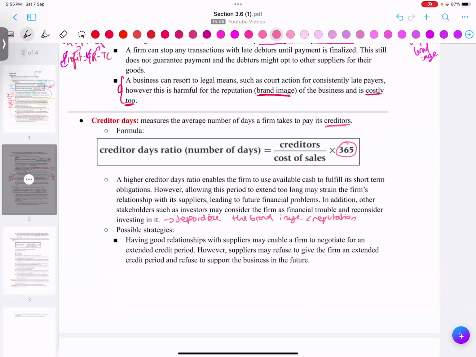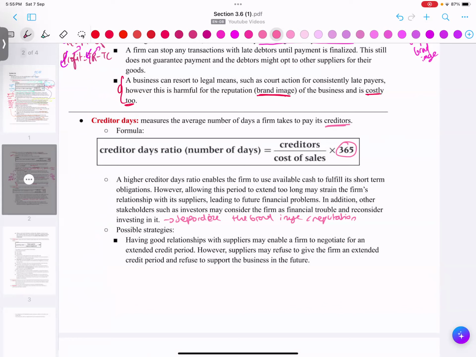Future possible investors will think, I'm not going to invest in this because I don't think I'm going to get my return back. It's just going to make the firm look like they're having financial problems. Having a high creditor days ratio will help the firm, because they're going to be able to pay for day-to-day expenses, but at the same time, it's going to cause some other problems.